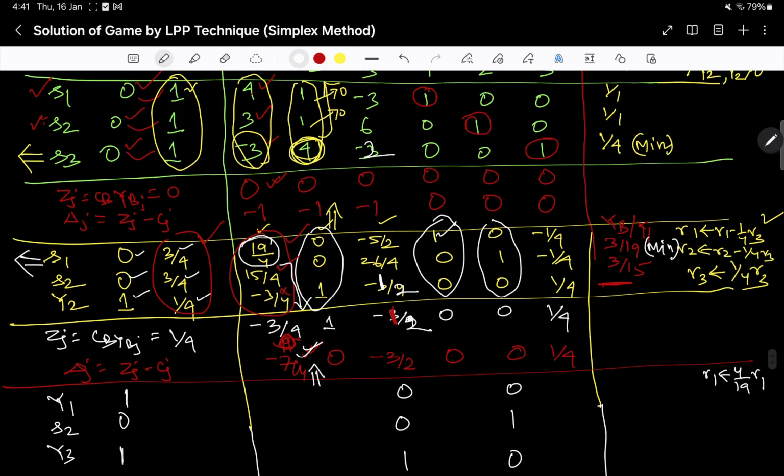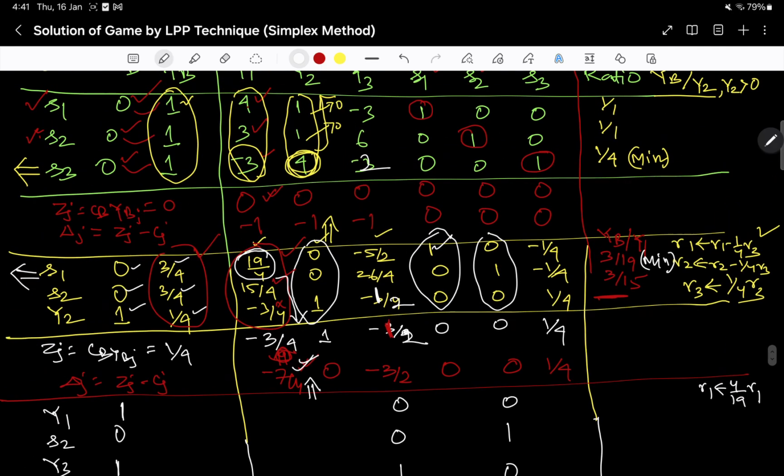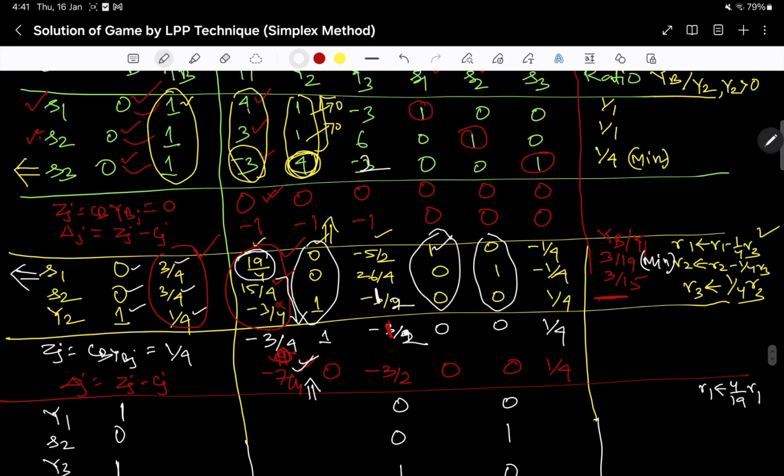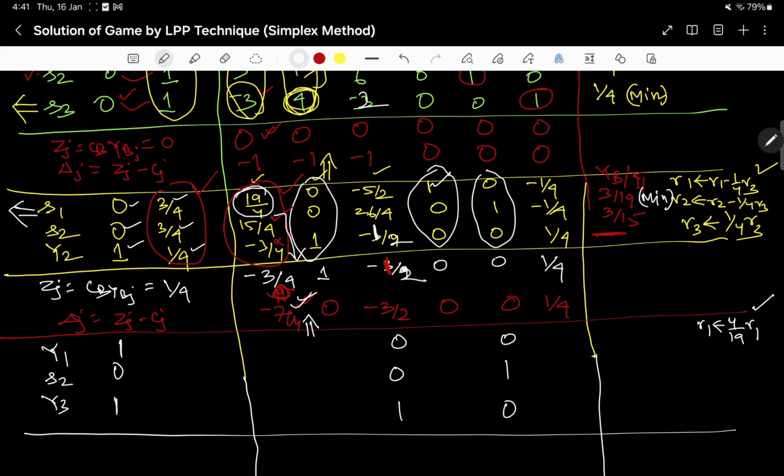Okay, so accordingly what are my solutions? Just let me work it out. In row 1 I multiply by 4 by 19. So it is my 3 by 19, it is my 1, it is my 0, and this is Y2, so this should be 0 0 and 1.